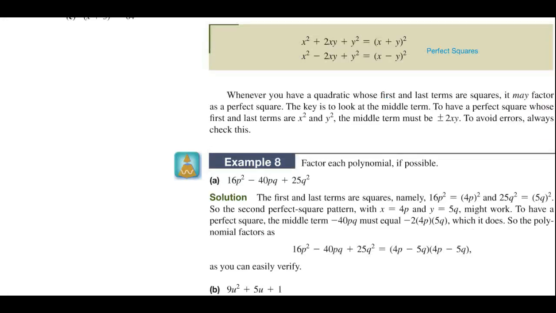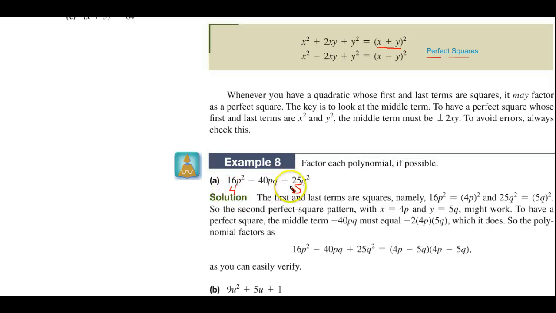Now another special kind of factoring that we had was when we were FOILing a binomial and we get a trinomial, which we call a perfect square trinomial. If the first term is a perfect square and the last term is a perfect square, and if you take the square root of this, which is 4, and the square root of that, which is 5, multiply these two together, get a 20, double it, get a 40.